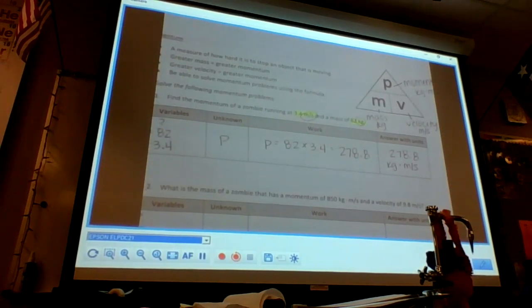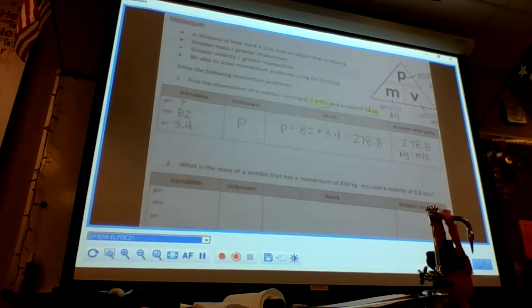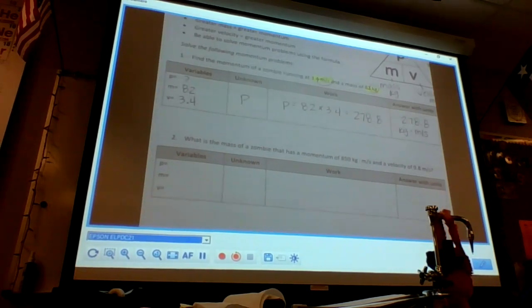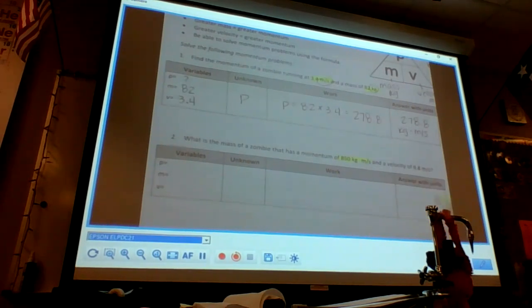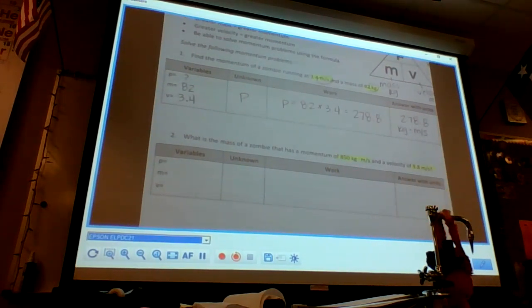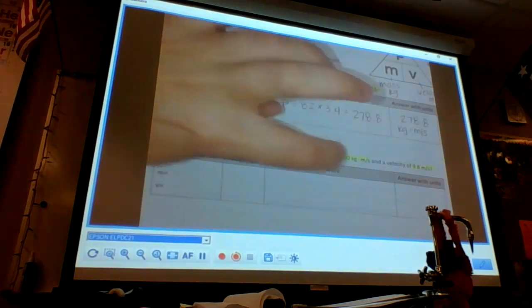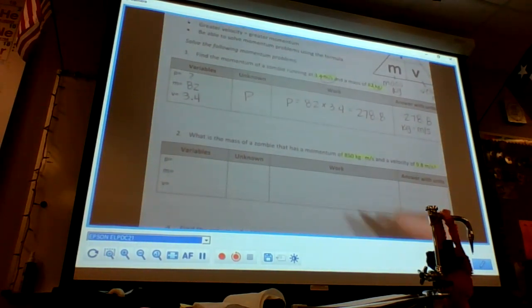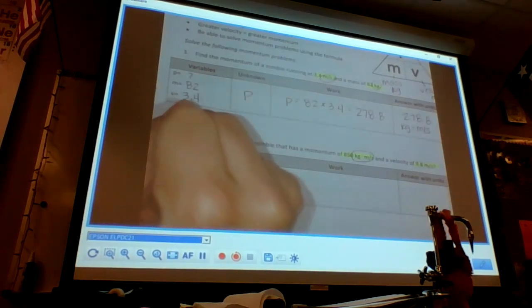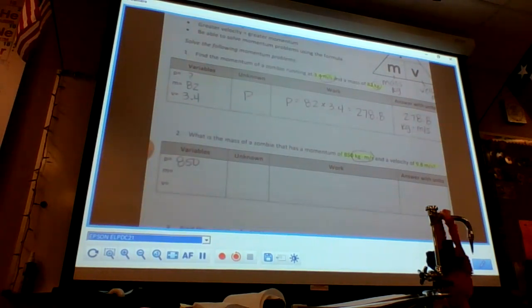Any questions? Alright, I'm going to keep working then. What is the mass of a zombie that has a momentum of 850 kilograms times meters per second and a velocity of 9.8 meters per second? Where does this 850 go? On momentum. On P, yes, okay, because of this unit right here. That unit tells me that's P, so 850 goes with P. What about 9.8 meters per second? Velocity.